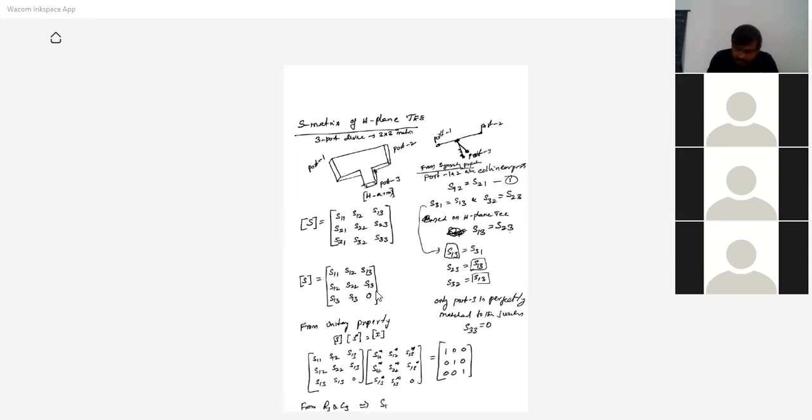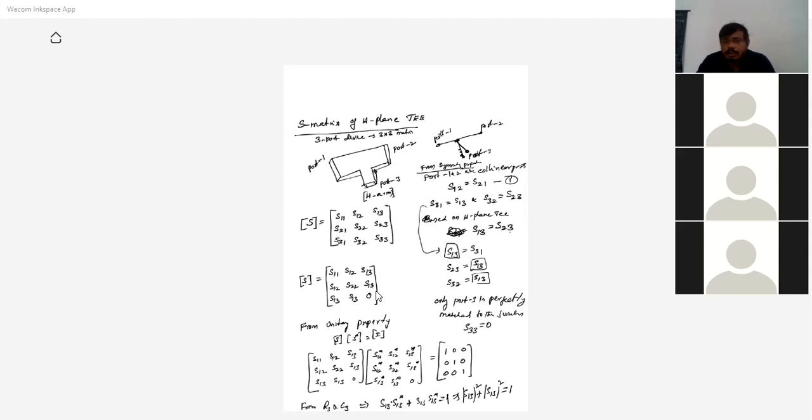So S13 into S13 conjugate plus S13 into S13 conjugate is equal to 1. So you can write S13 squared plus S13 squared is equal to 1. Now simplify this.